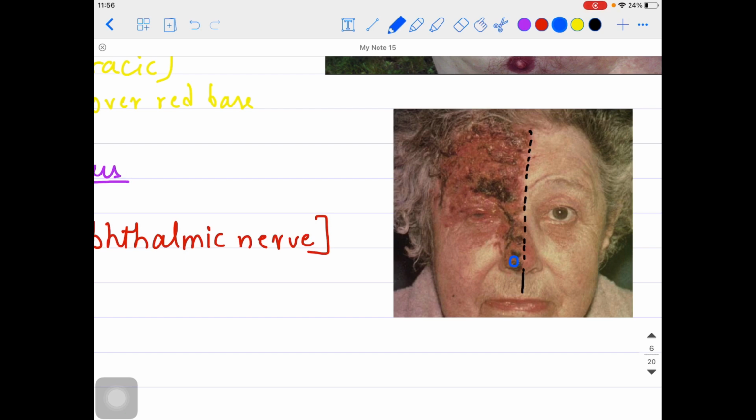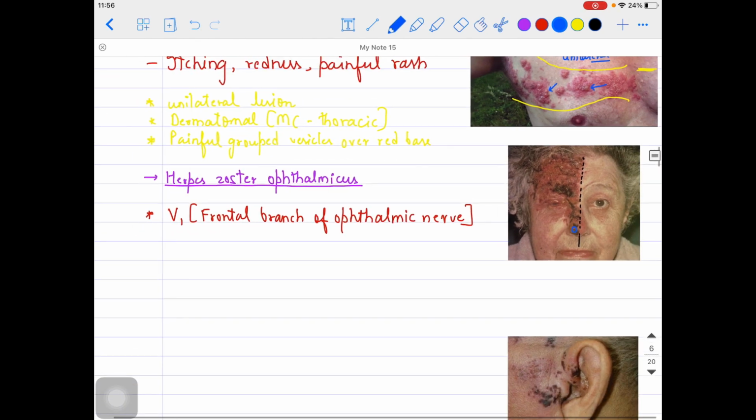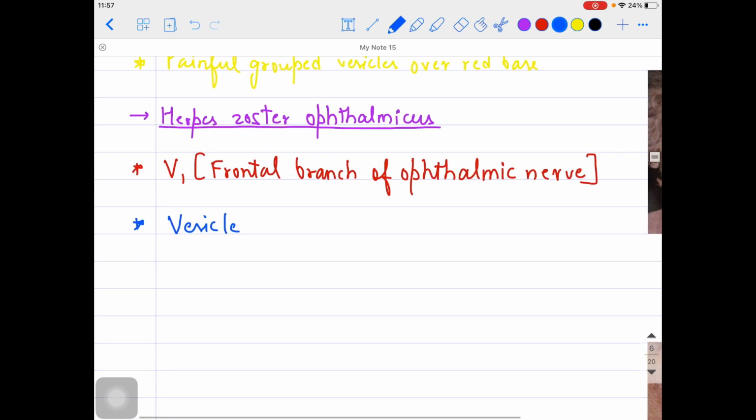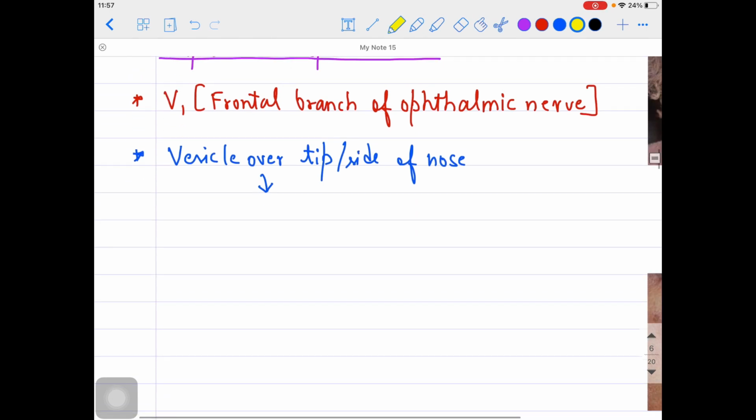So what I'm saying, I'm just writing over here as well: if the vesicle is also present over the tip of the nose or side of the nose, this means that this person might have corneal involvement, which is obviously not a good sign for us.